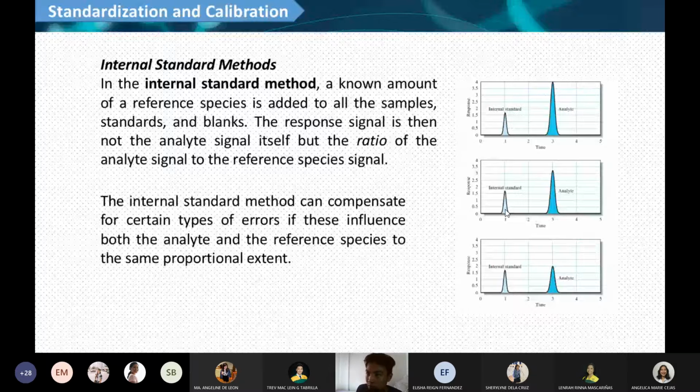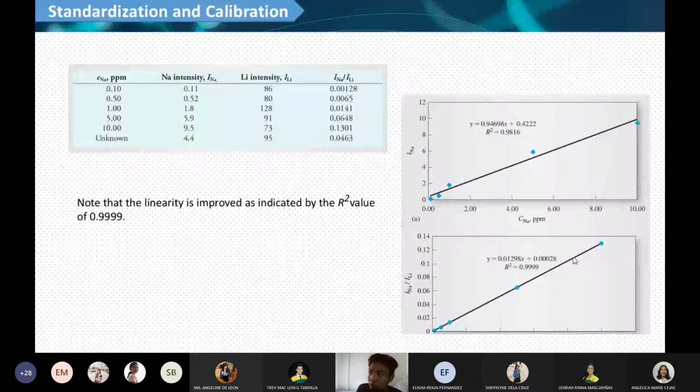Taking their ratio will actually improve your data. The internal standard is really effective when your calibration curve is poor. Your linearity will become good, hence you can continue with your analysis.